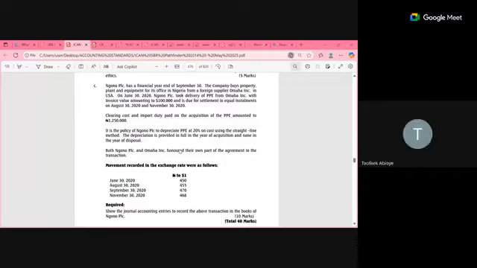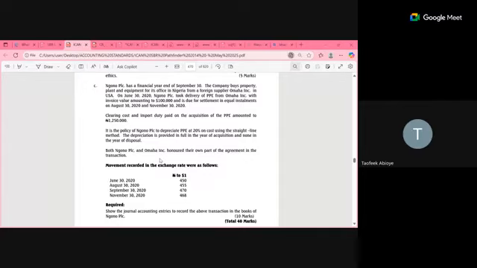They now said it is the policy of Ngono to depreciate PPE at 20% on cost using the straight line basis. The depreciation is provided in full in the year of acquisition and not in the year of disposal. Both Ngono and Omar honored their part of the agreement in the contract.